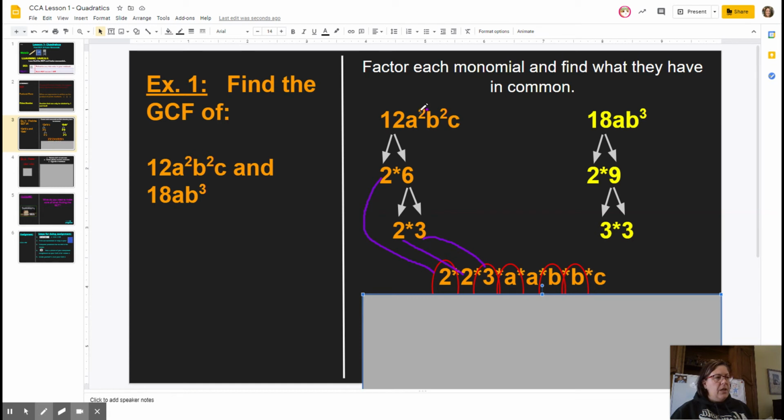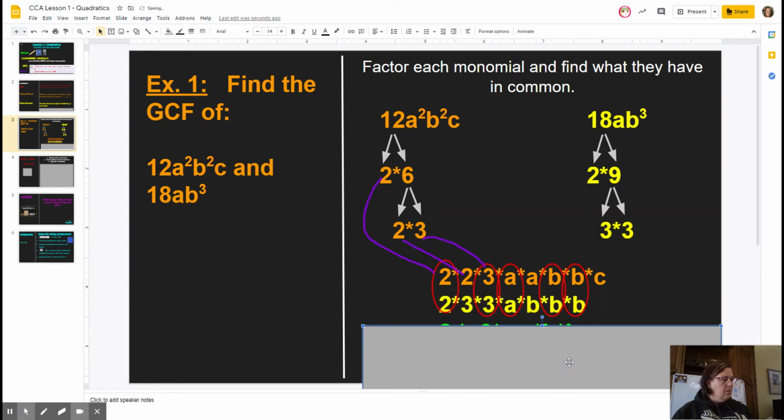And then we already know that a squared, this 2, means we've got 2 a's. And b squared is 2 b's. And then we've got that 1 c down here. So you're going to write it all out in a line. And then I'm going to do the same thing with my 18ab to the third. And again, where are those numbers coming from?